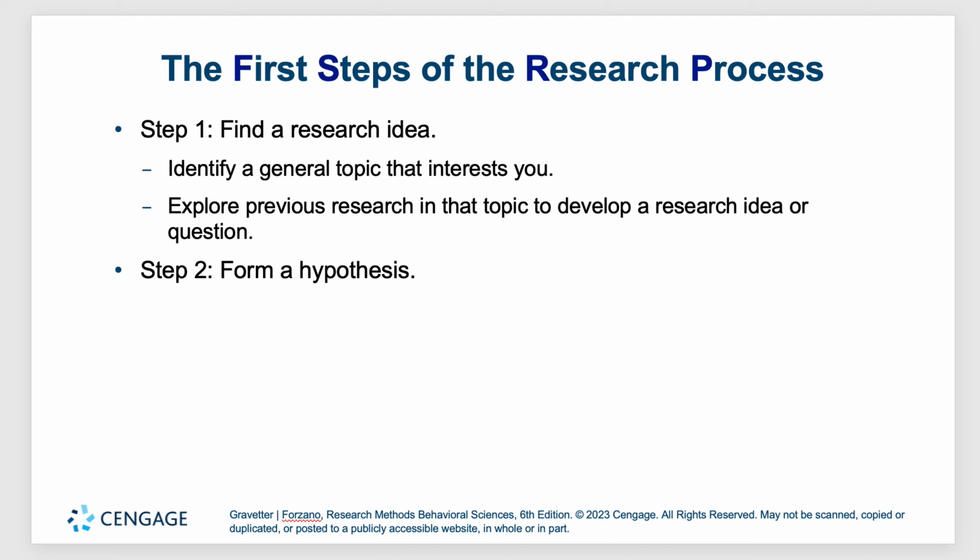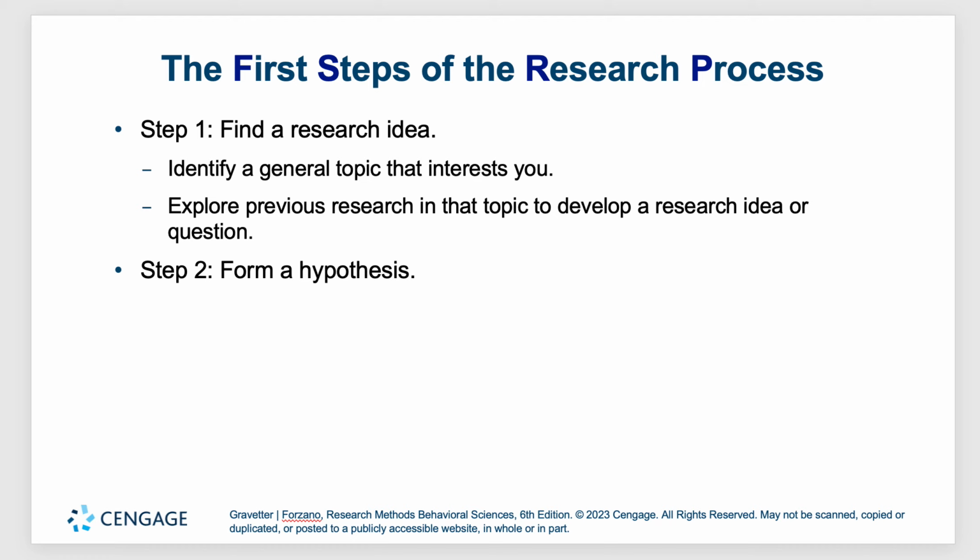So, finding that research idea. The first step is obviously to find a general topic that interests you. This process can be tedious if it's not something that truly interests you. So you want to find something that you really do want to learn more about. And so you're looking for those words and those phrases from some kind of topic or behavior or idea that you can search the existing research and literature on.